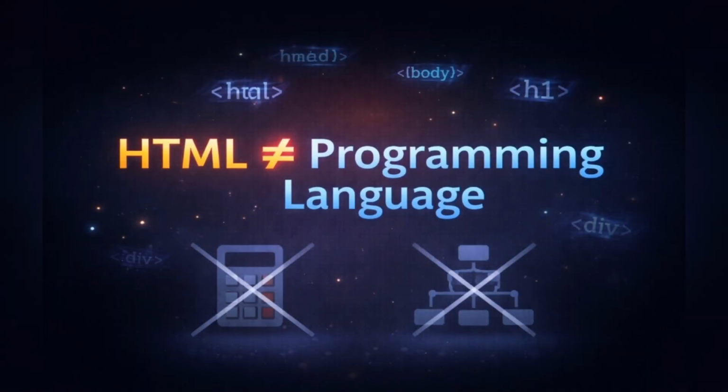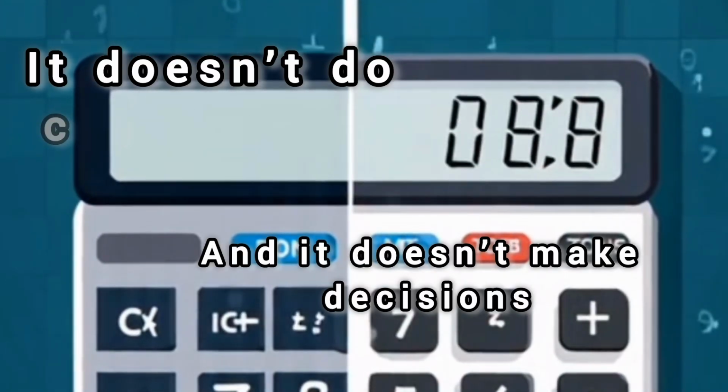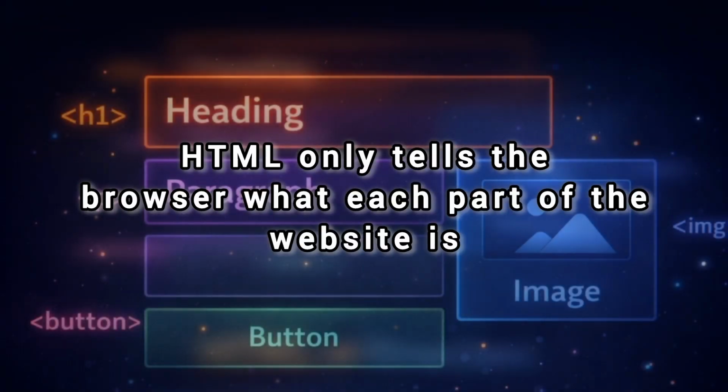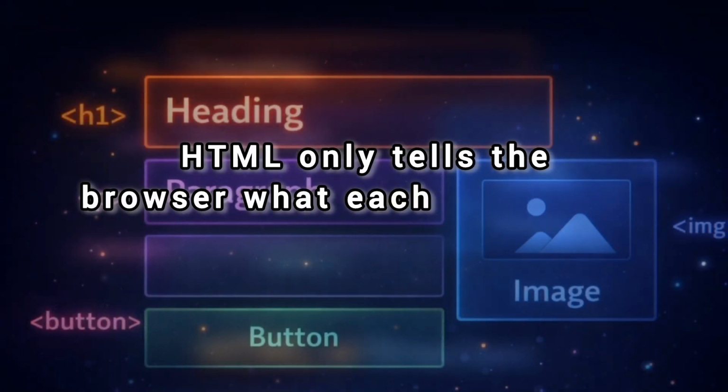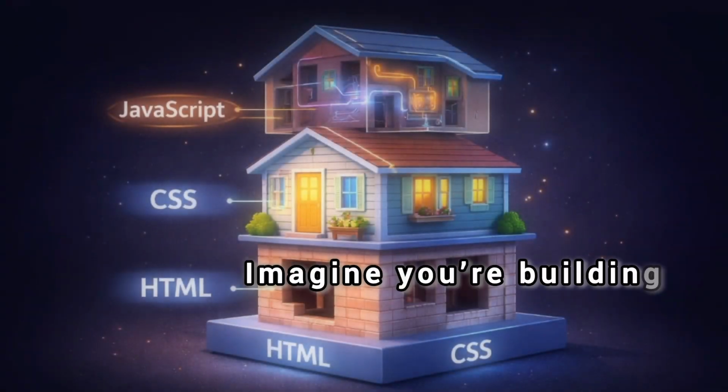And one very important thing to remember, HTML is not a programming language. It does not do calculations and it does not make decisions. HTML only tells the browser what each part of the website is. For example, it tells the browser this is a heading, this is a paragraph, this is an image, and this is a button.